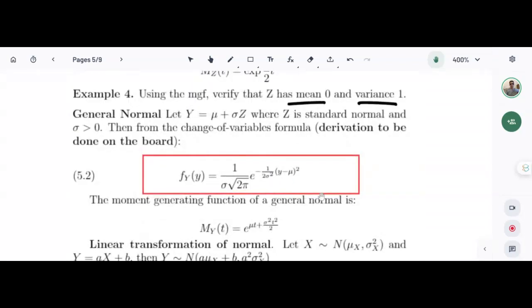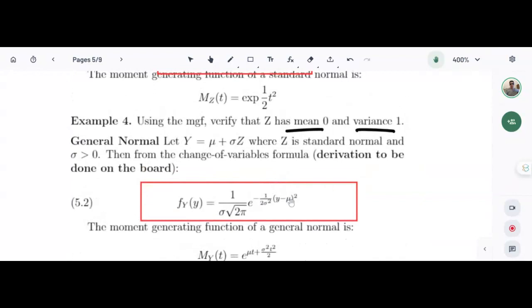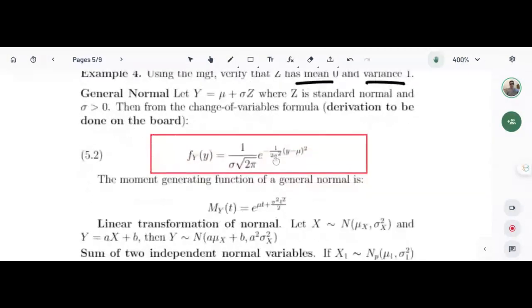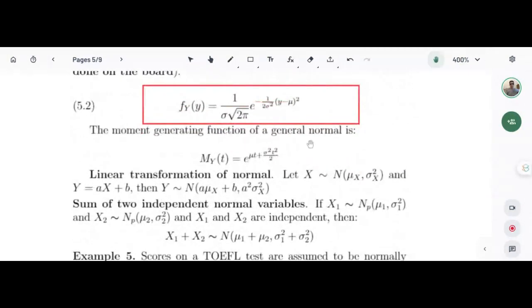This is for general normal distribution. Obviously, if you set mu equal to 0 and sigma to 1, you're going to receive the standard normal distribution's PDF. And the moment generating function for general normal distribution is this, very close to what you got for standard normal. Remember, standard normal is normal distribution with mean 0 and variance 1.